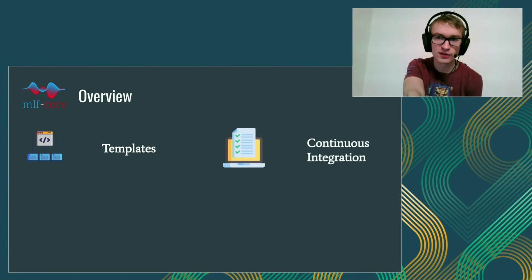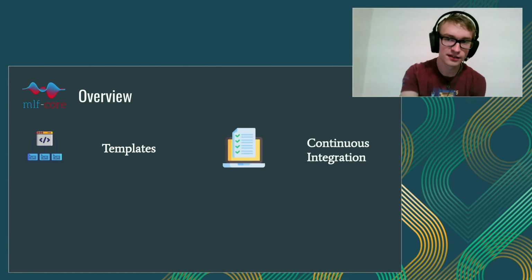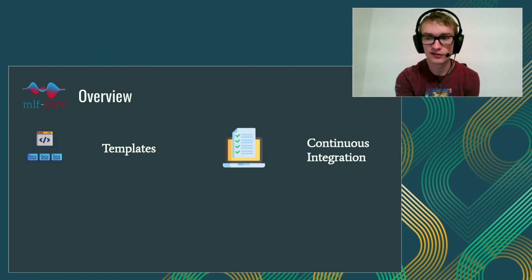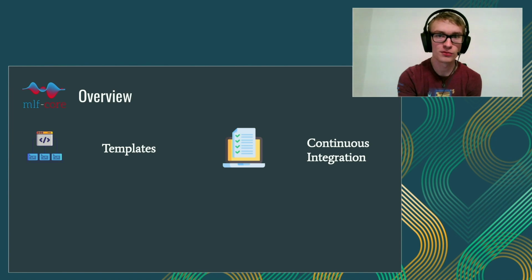Secondly, those templates come with a super rich continuous integration pipeline. For example, a Docker container is built right from the beginning for the project. There are various code linters, which are tools that statically analyze the code, running from the get-go. Your project trains on a small training subset to verify that it's always working, these kinds of things.